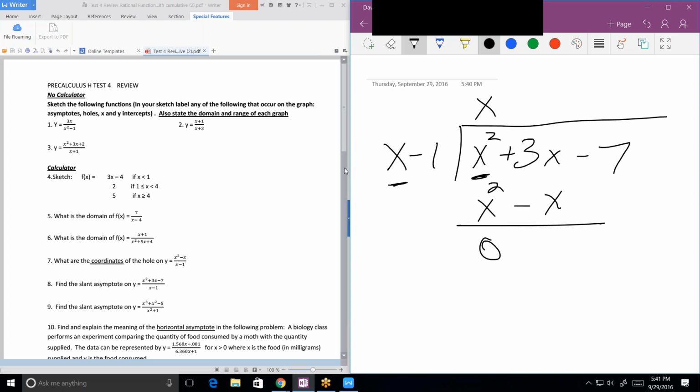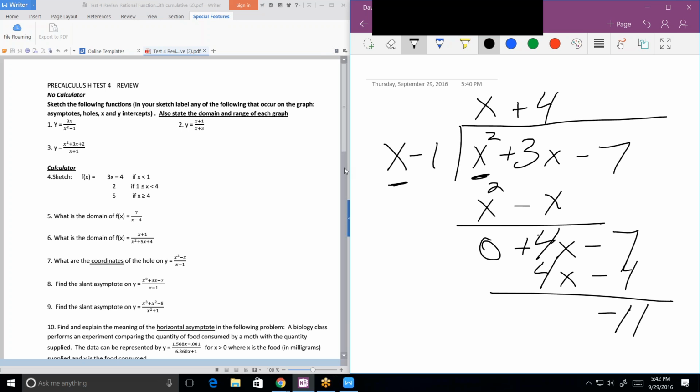This 3x minus a minus x goes to plus 4x. Bring down the 7. Repeat. Exactly the same process. X goes into 4x 4 times. Now multiply the 4 by x minus 1 to get 4x minus 4. Now we get a remainder of minus 11.